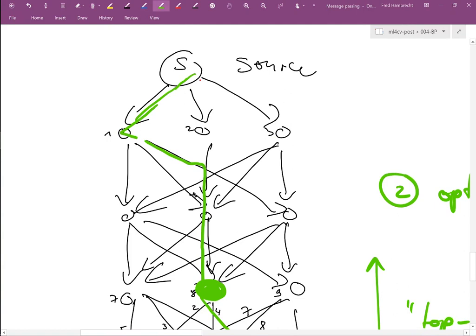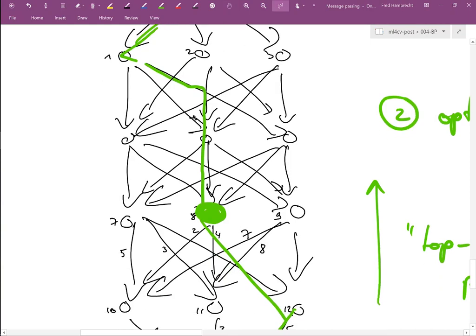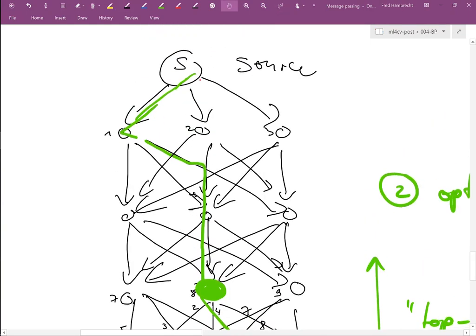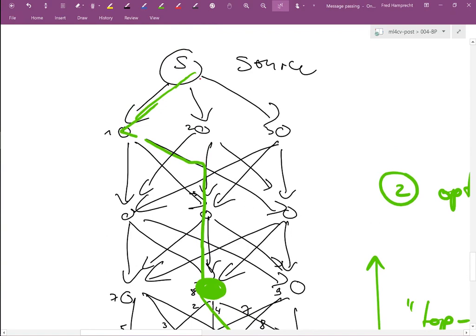then it asks what is the cheapest way to, I had some edges missing here in my graph. Then it asks what is the cheapest way to reach any of the nodes in the next layer, and so on. So it starts at the source and then has a front of knowledge that propagates of how much does the cheapest path to any particular node cost.